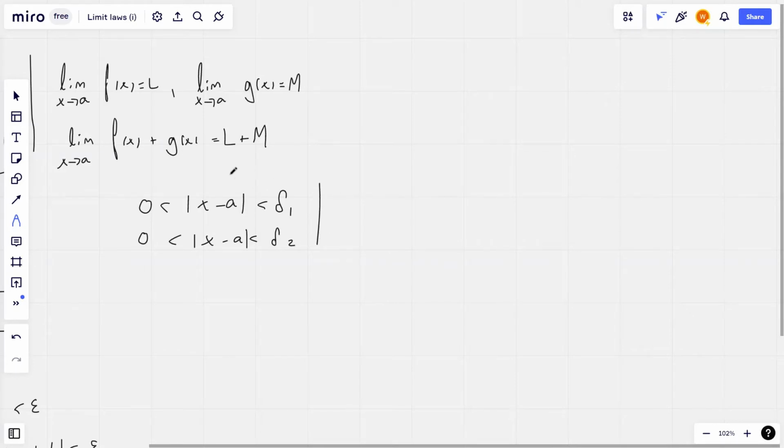And also we have that f of x minus l is less than some epsilon, and we have that g of x minus m is less than epsilon.